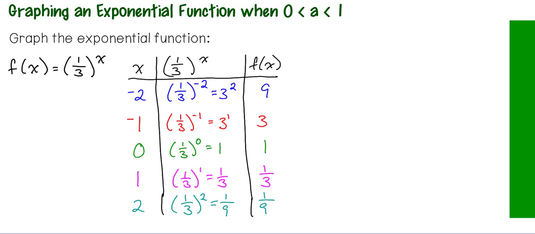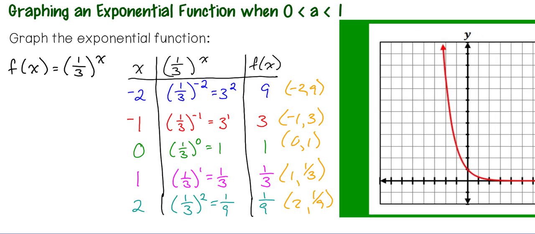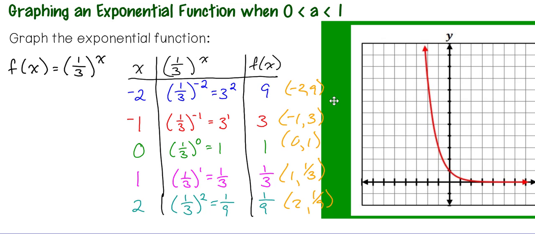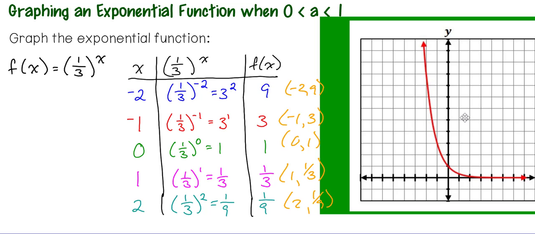So now we need to graph our points: -2, 9, -1, 3, 0, 1, 1, 1/3, and 2, 1/9. And when we graph it, you'll notice our exponential function looks different. Previously, and I'm going to draw this using this yellow marker, our line looked like this.